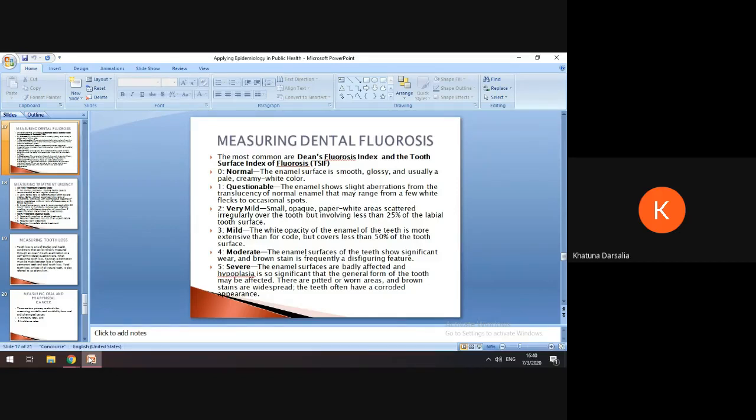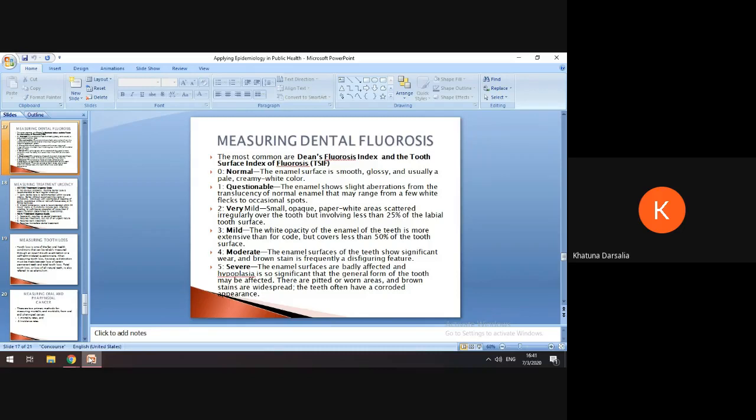Now, how can we measure dental fluorosis? During tooth development, ingested fluoride becomes incorporated in the enamel structure of the teeth. If excessive amounts of fluoride are ingested, dental fluorosis can develop. Dental fluorosis is defined as hypomineralization of the dental enamel caused by excessive ingestion of fluoride during tooth development.